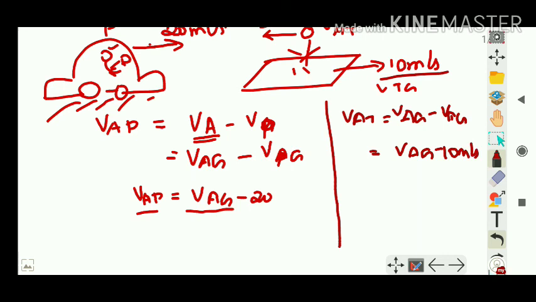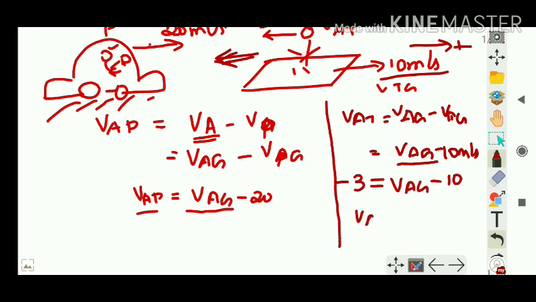And the velocity of A with respect to trolley: which direction is A moving? A is moving in this direction. I told you I am going to take the forward direction as positive, so this direction is negative. So VAT is minus 3. That is equal to VAG minus 10, so you will get VAG as plus 7. It is 7 meter per second.